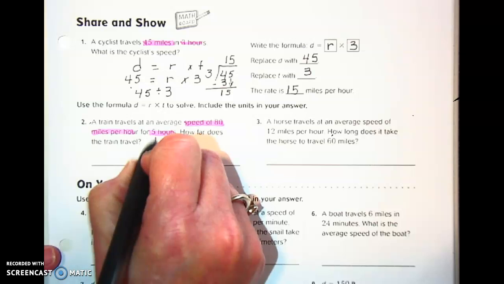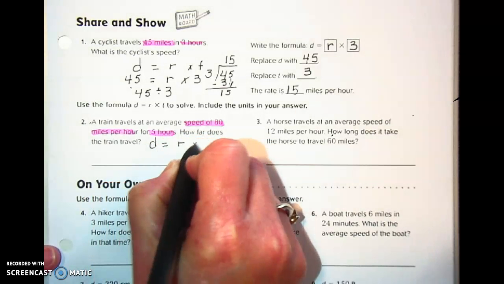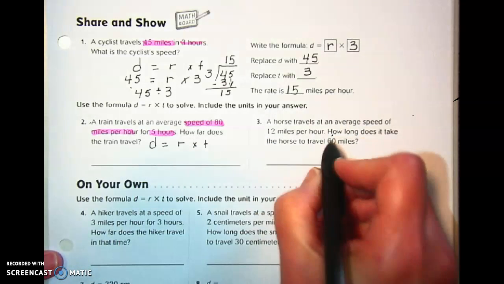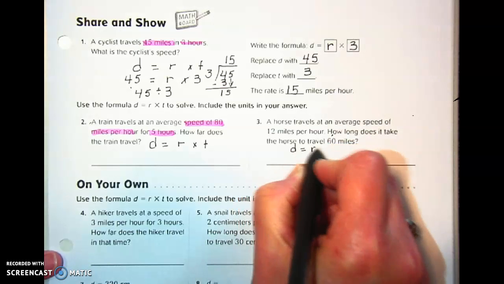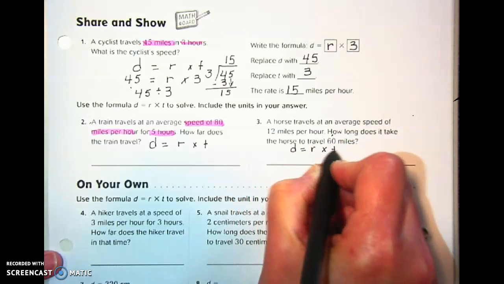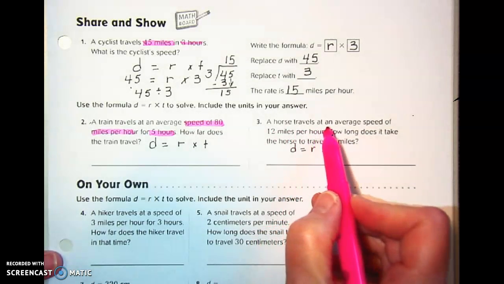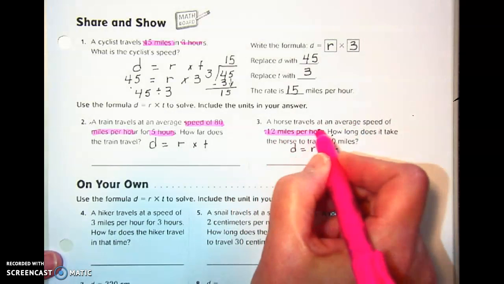So I want you to write the formula. Distance equals rate times time. And then you're going to go plug those answers in. And we're going to do that same thing on number 2. Let's read number 2 real quick before I turn off the recording. A horse travels at an average speed of 12 miles per hour. So we know its rate.